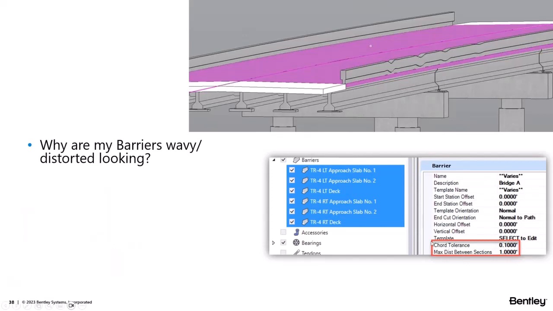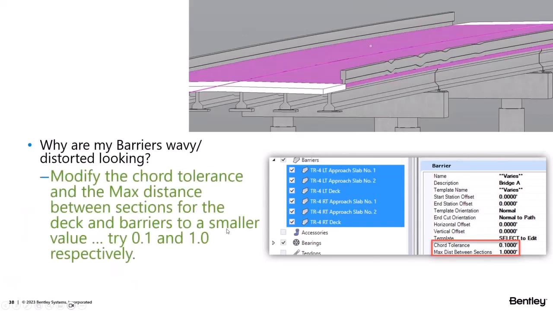So we went in and dialed this down to about 0.1 and it cleaned up this wavy look right away. I couldn't really figure out anything specific to the deck template or the barrier template or the profile grade line or anything else that caused that to happen originally. But the default max distance between sections is something like 15 feet or larger. So by setting that smaller, it cleaned it right up.